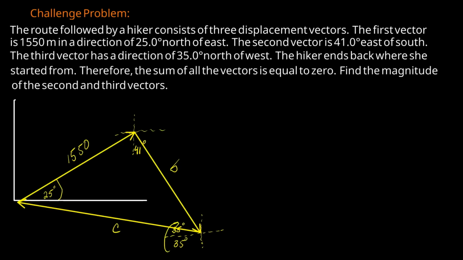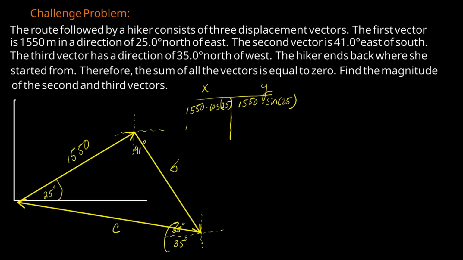So let's do an XY table again. For the first vector I have 1550 times the cosine of 25 and 1550 times the sine of 25.